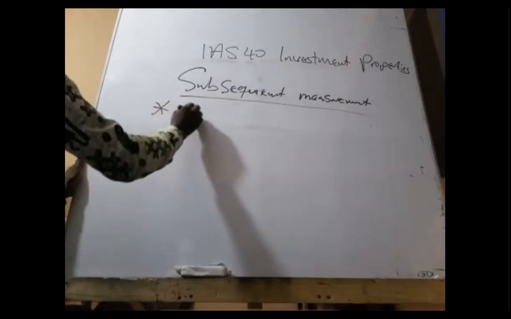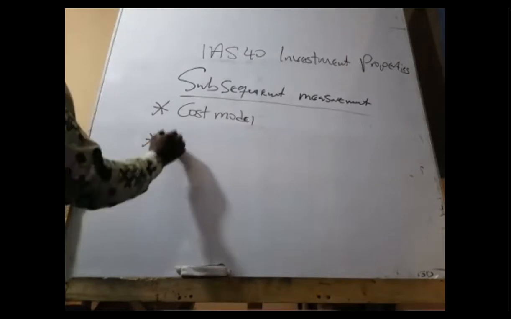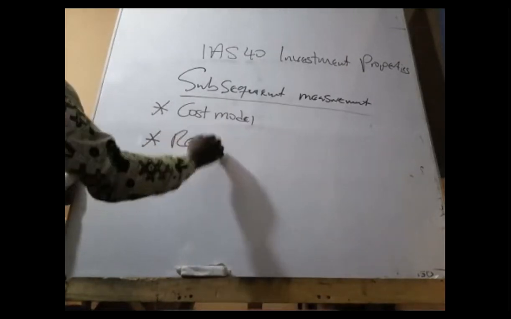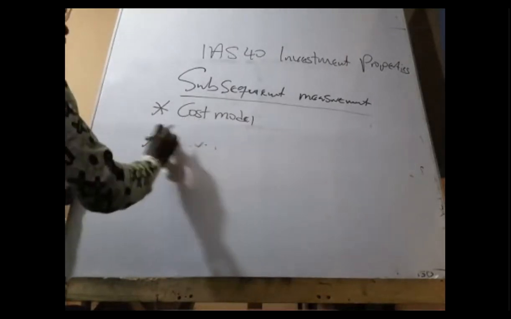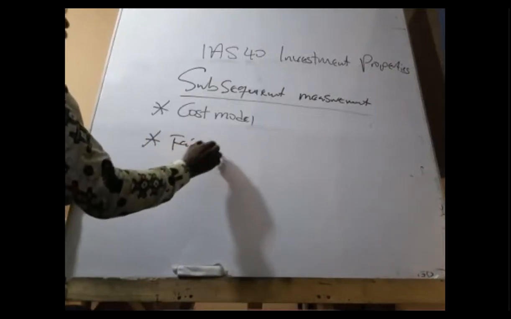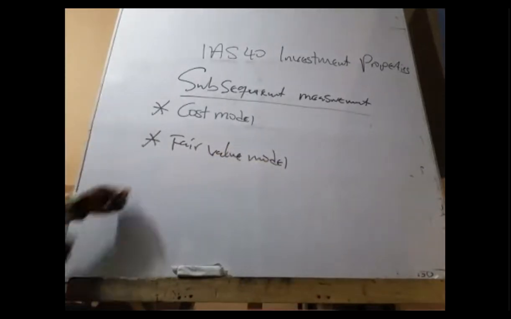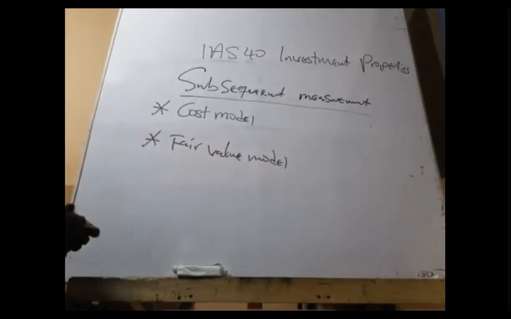We have what you call cost model. We have what you call fair value model. There are 2 models permitted under the IAS 40.